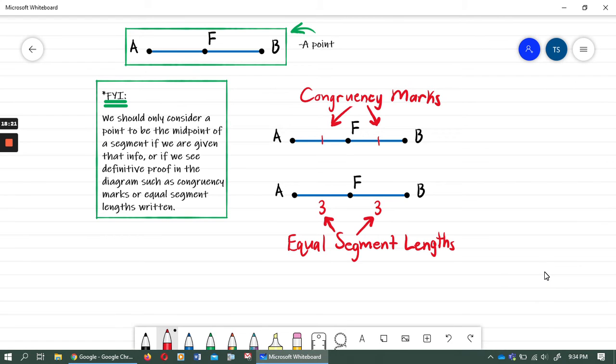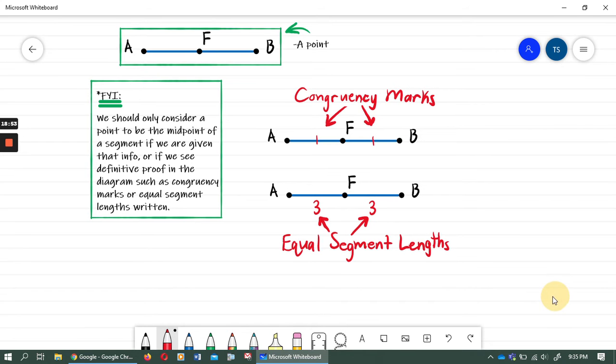I take that back. We're going to go through just a few little examples dealing with midpoint, tying together part of what we did with the segment addition postulate, but we don't have to write it out as the segment addition postulate.